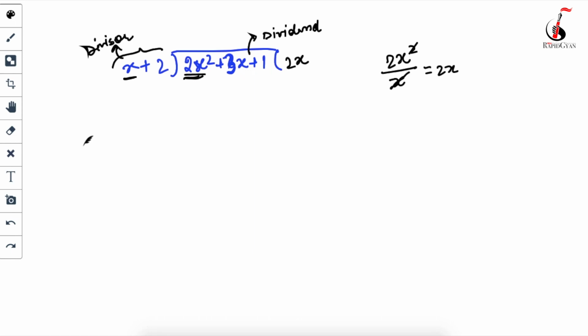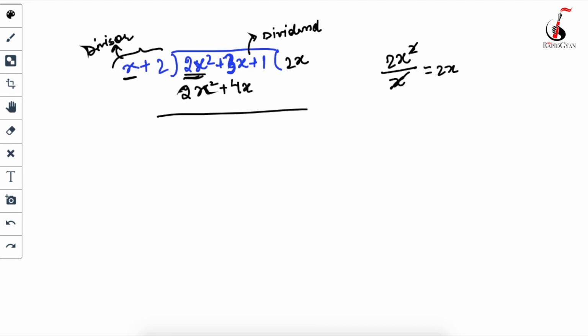Now multiply this 2x with the whole divisor. 2x multiplied by x gives 2x square, and 2x multiplied by 2 gives 4x. Then subtract it. Whenever we subtract a polynomial, which you have already studied in your previous classes, the sign gets changed.